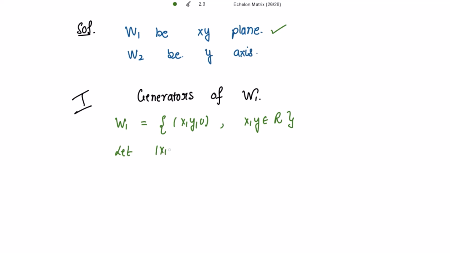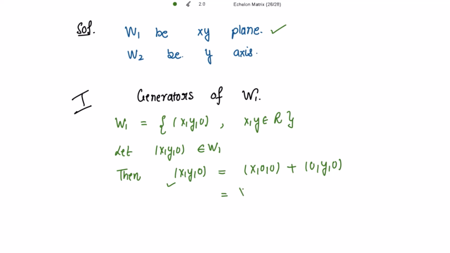So let (x, y, 0) belong to W1. Then this element can be written as (x, 0, 0) plus (0, y, 0). When we add these, we get this element back. So this further can be written as x times (1, 0, 0) plus y times (0, 1, 0).